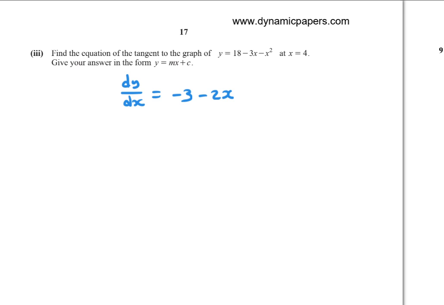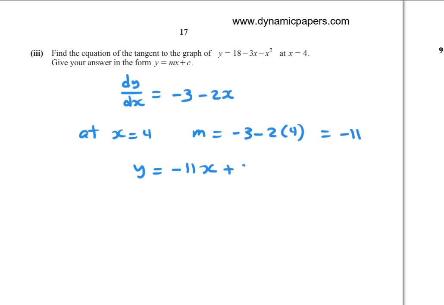Now at x equal 4, the gradient of the tangent: put x equal 4, so negative 3 minus 2 times 4 equals negative 3 minus 8, so negative 11. So the equation of the line is y equals negative 11x plus c. To find c, we need a point on the tangent.